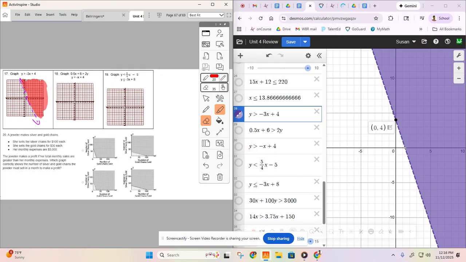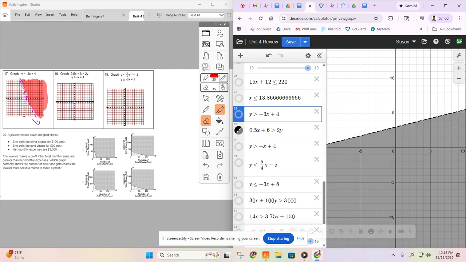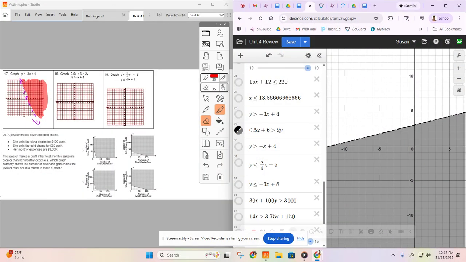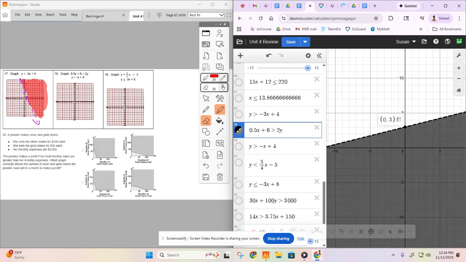The next one is a system. I graphed the first line and the second line. So let's start with just the first line. It goes through 0, 3, right there, and I want another pretty point that it goes through. I'm going to use this point -4, 2.